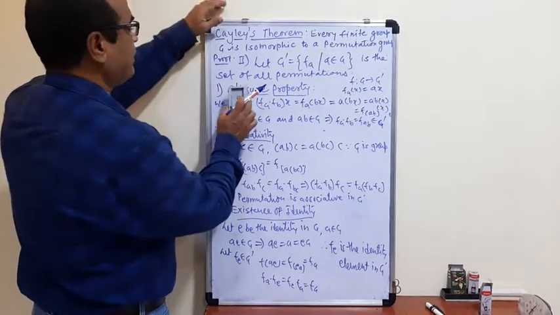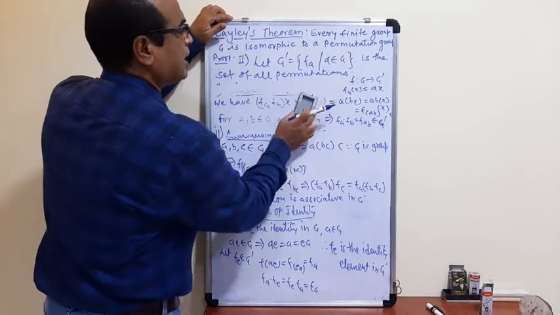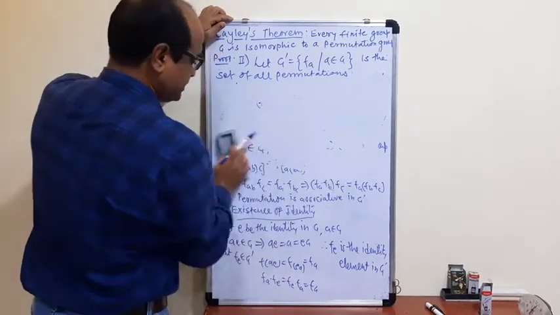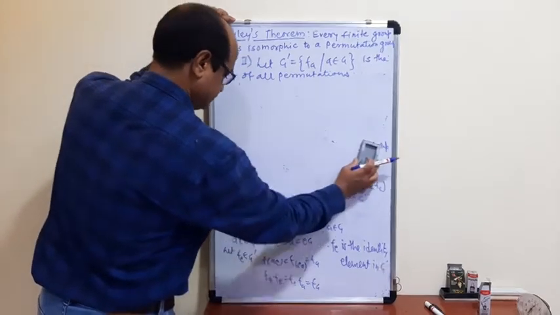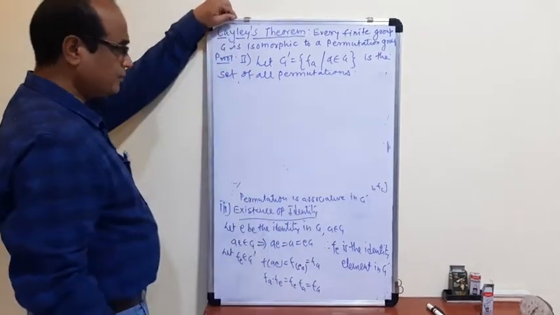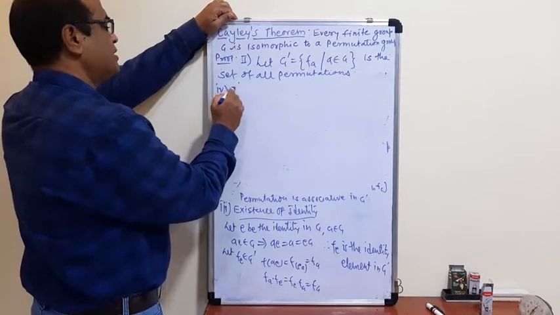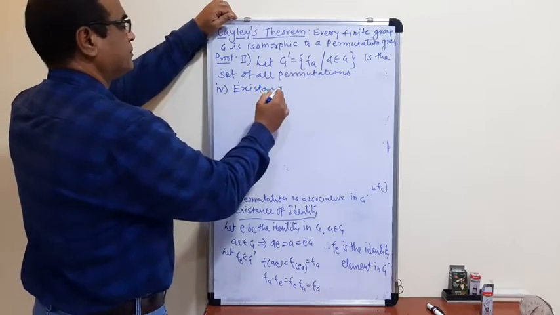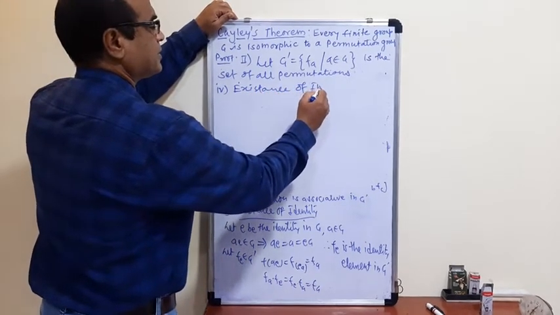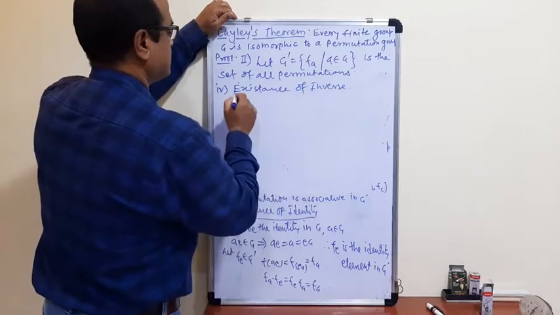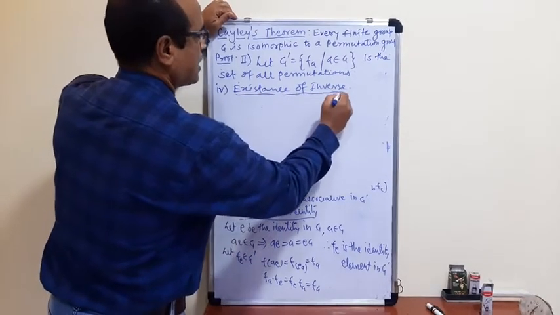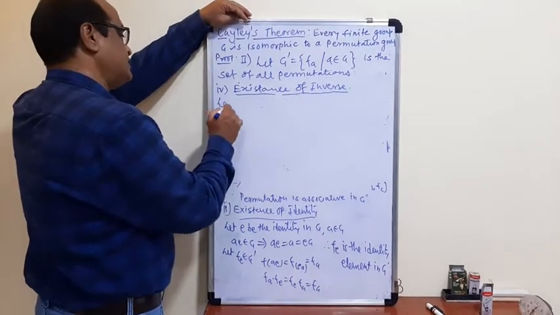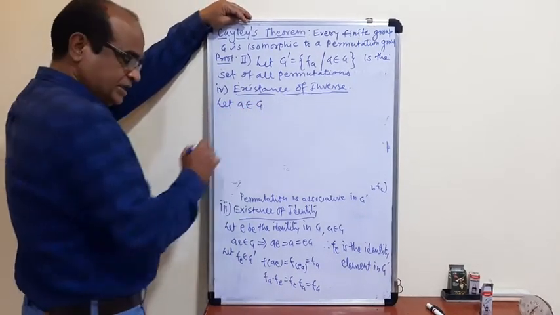Now we take property 4, the existence of inverse. Let A be an element of G, and G is a group.